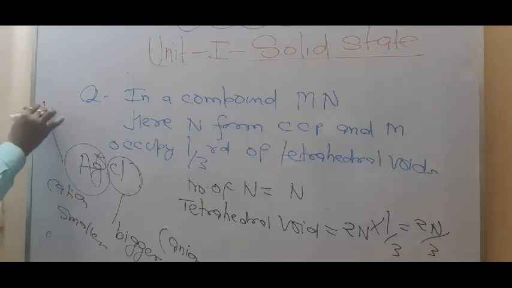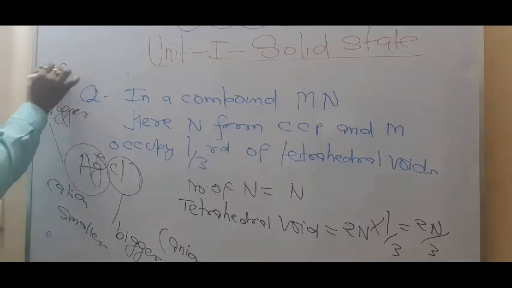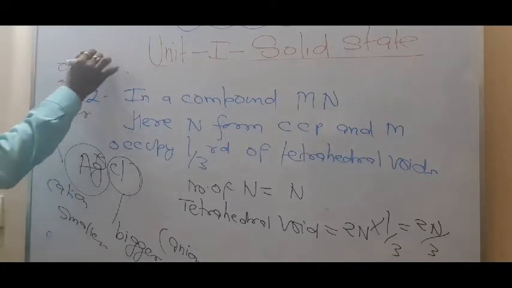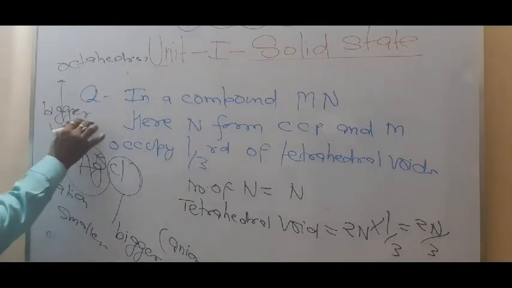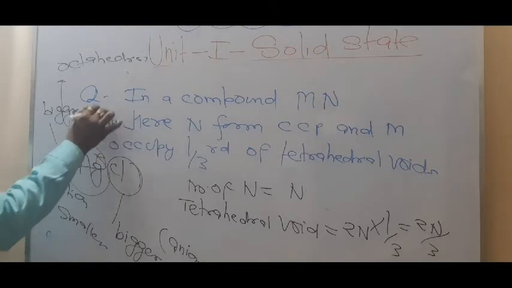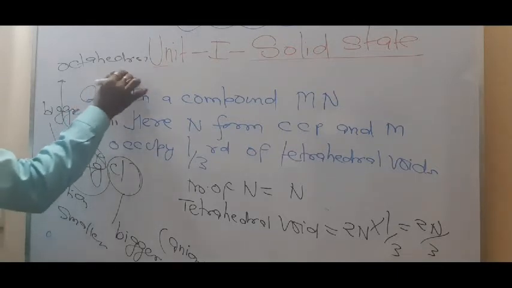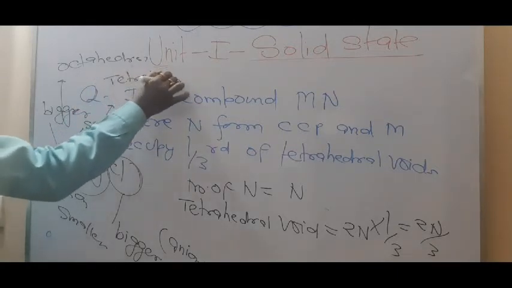If the cation is bigger, it occupies octahedral voids. Are you getting this point or not? You can confirm this from the radius ratio. And if the cation is small, in that condition it occupies tetrahedral voids.